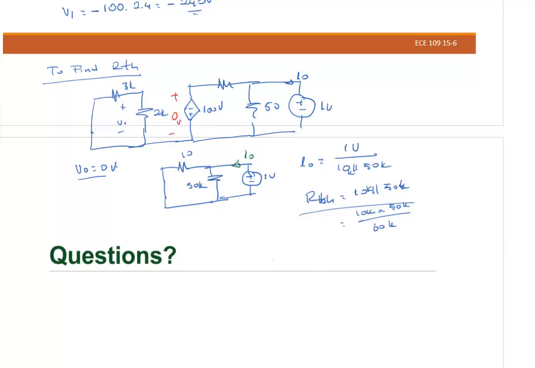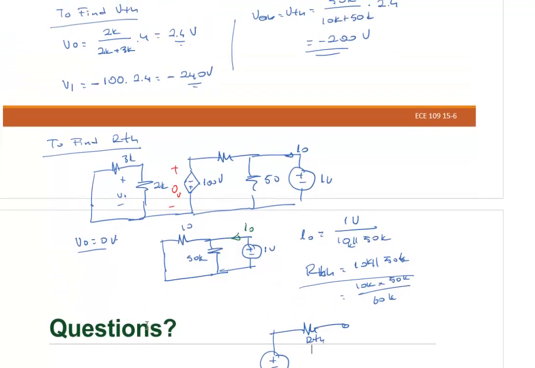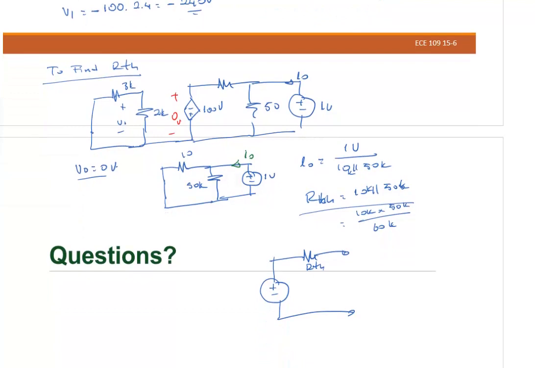So the final answer: we have a voltage source, plus minus, and a resistor right there. This is RTH. This is VTH, which is negative. I can put there negative 200 volts. This is the final answer. Or we can change the rotation right there.